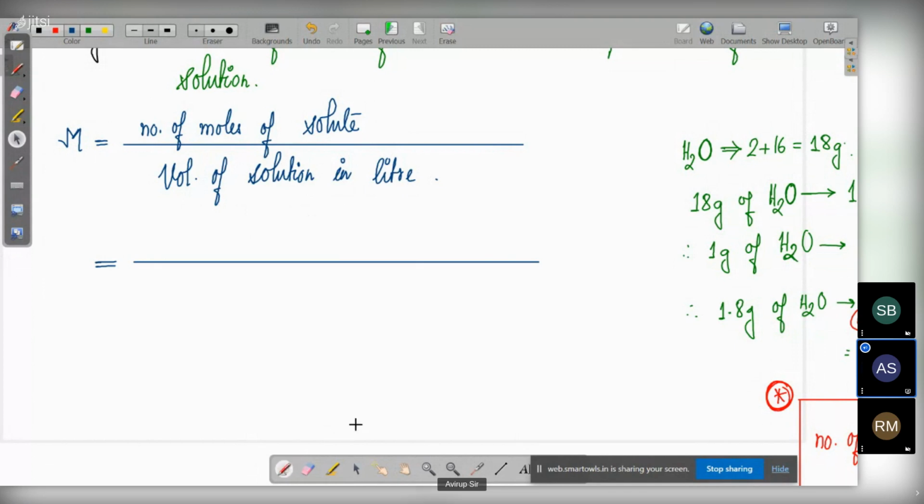See, instead of writing number of moles, you can write number of moles as weight of solute in grams divided by molecular weight of solute.